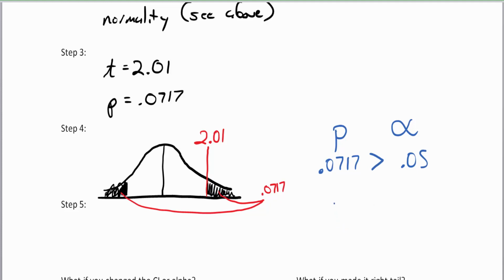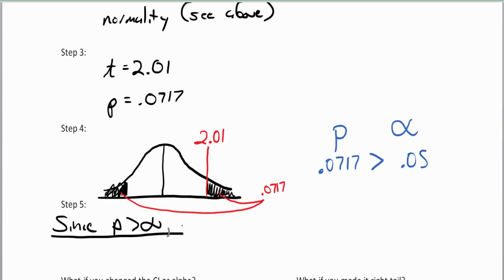So, according to the rhyme, if p is high, you gotta let the null fly. So since the p-value was greater than alpha, again, you need that statement right there for the take-home or the paper pencil versions of these tests.